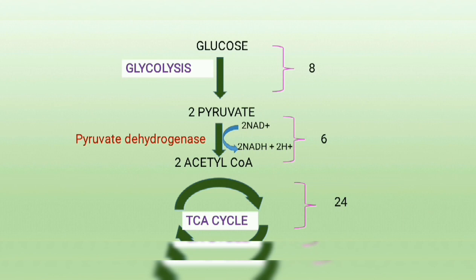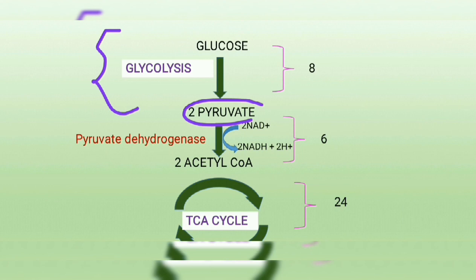Here we have the overall aerobic respiration that produces a number of ATP molecules. Glycolysis is the first step where glucose is being converted into two molecules of pyruvate.